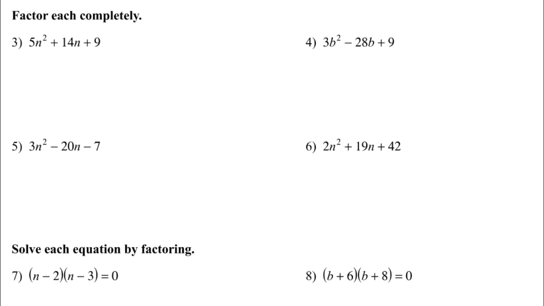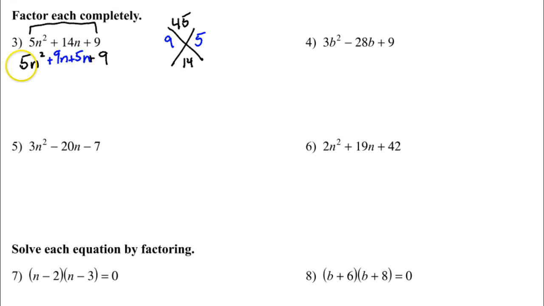For factoring, you might remember the X method. So what two numbers multiply to 45? 9 and 5. And add to 14? 9 and 5. So you can write this with 14n broken up into 9n and 5n, and then just do the GCF of both.